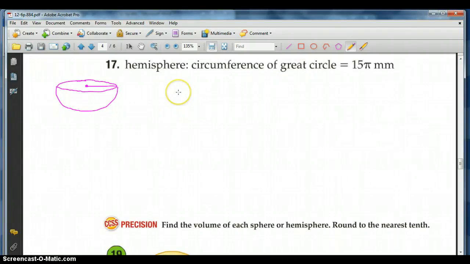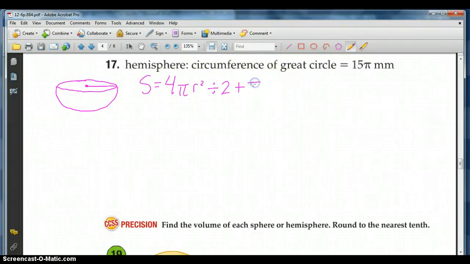Number 17. Surface area of a hemisphere where the circumference of the great circle is 15 pi. So, surface area of a hemisphere would be half of the surface area of a sphere, which is 4 pi r squared, plus the surface area of a circle, because we have the spherical part, plus we have the cross-section part.